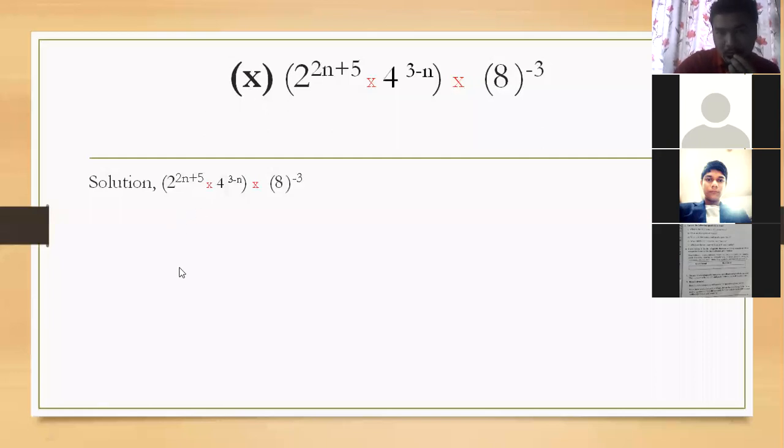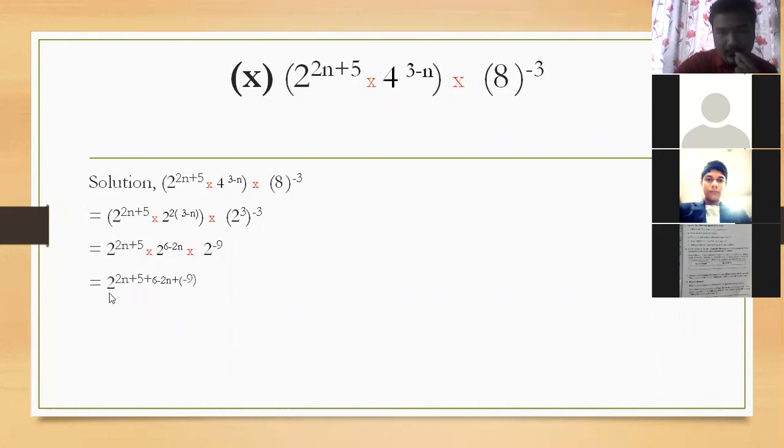And look, before solving, let's try to convert these to the lowest base. 4 you can write as 2 square. 8 you can write as 2 cube. And power and whole power will be multiplied. Then 2 3s are 6, and 2 multiplied with n is minus 2n, and all the bases are same.